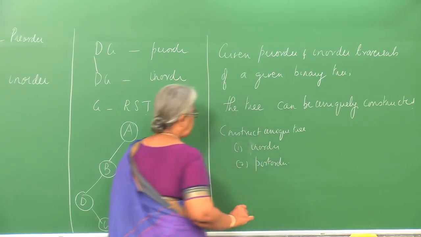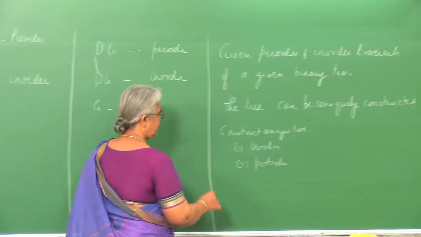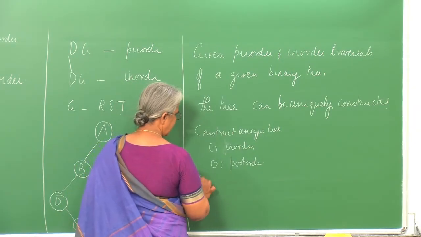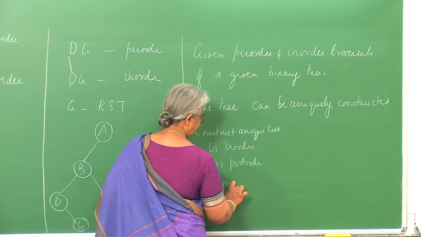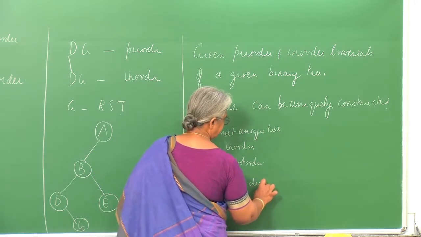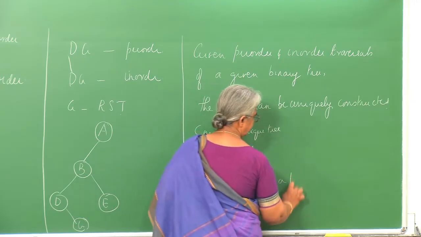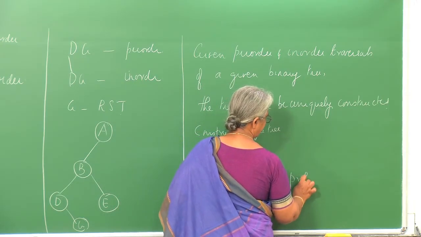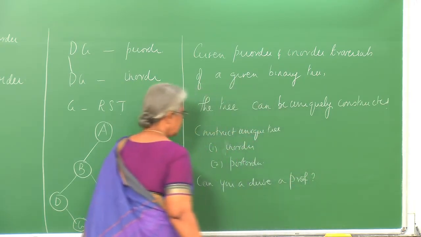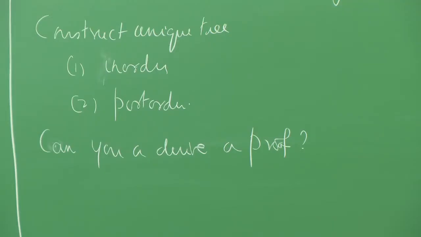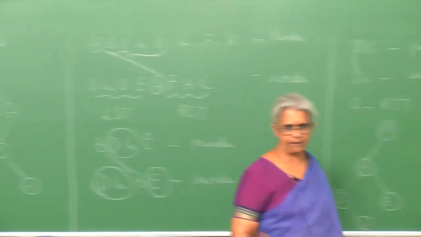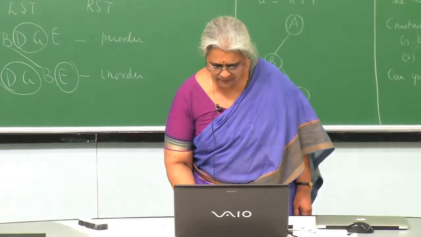Now, those of you who want to be more challenged, can you derive a proof to show that this can be done by construction and using induction, that pre-order and in-order will give you a unique tree. Okay.